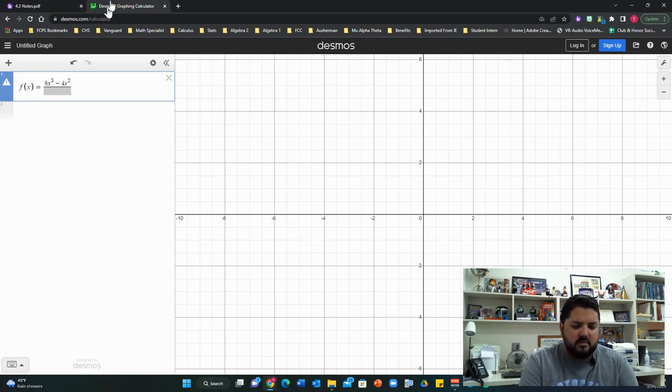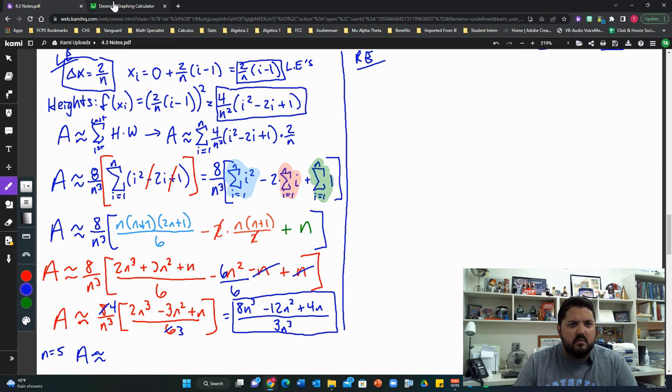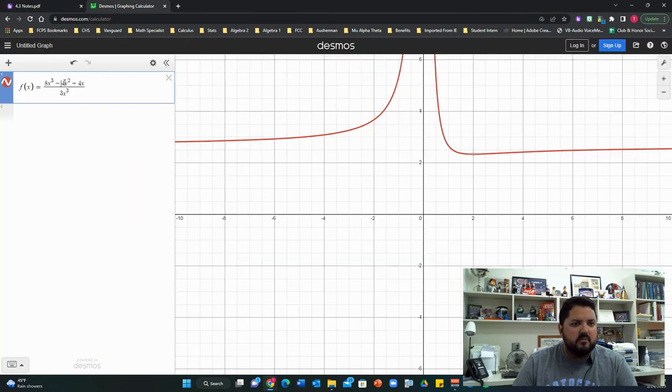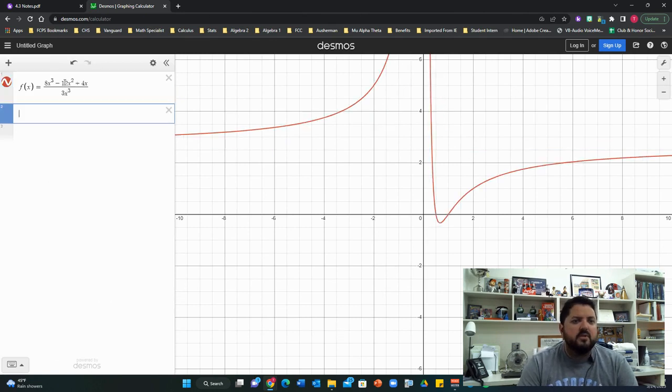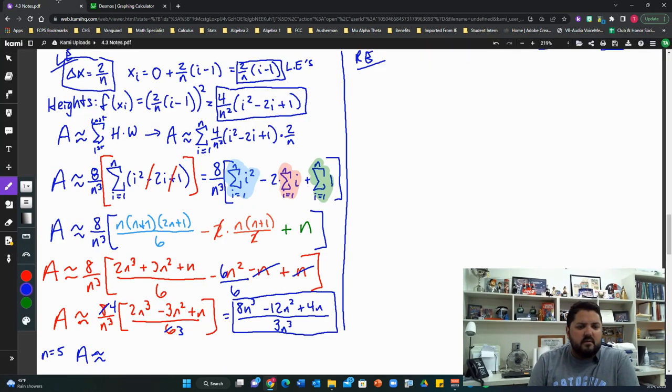I'm using x's, but that's just because Desmos doesn't like n. Let's just double check: 8x cubed minus 12x squared. All right, so now if I want to substitute 5 in, I get 1.92. So that is the value of this when n equals 5.